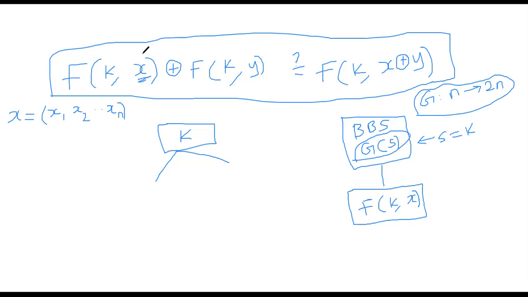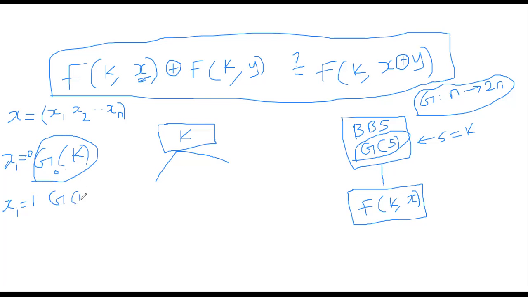So we look at the value of x1. If x1 is 0, we take the left half of g of k, which we denote by g of k subscript 0. This is the left half. If xi is 0, we take the left half. If xi is 1, we take the right half of the output coming from g.